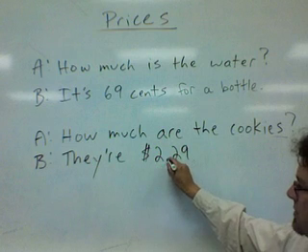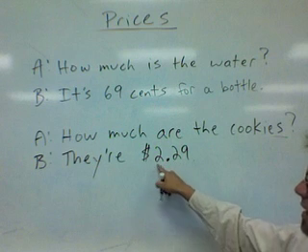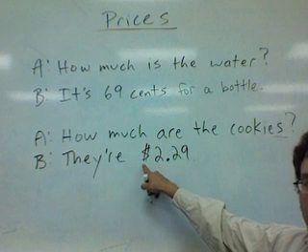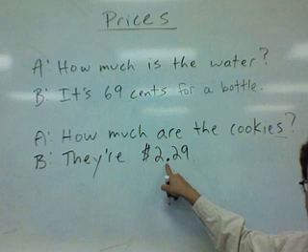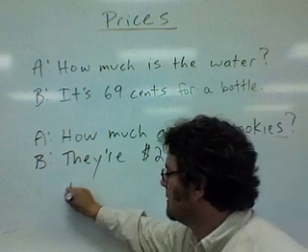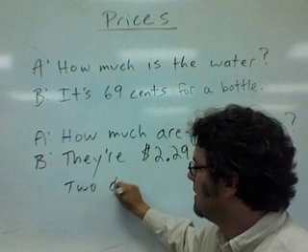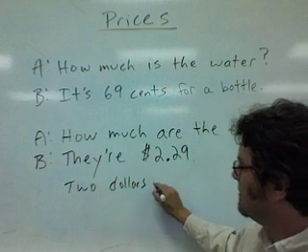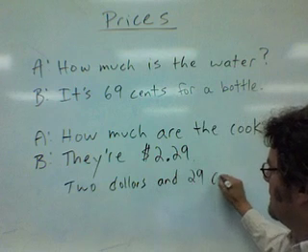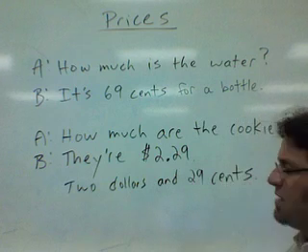Here's a decimal point. After the 2, say dollars and 29 cents. $2 and 29 cents.